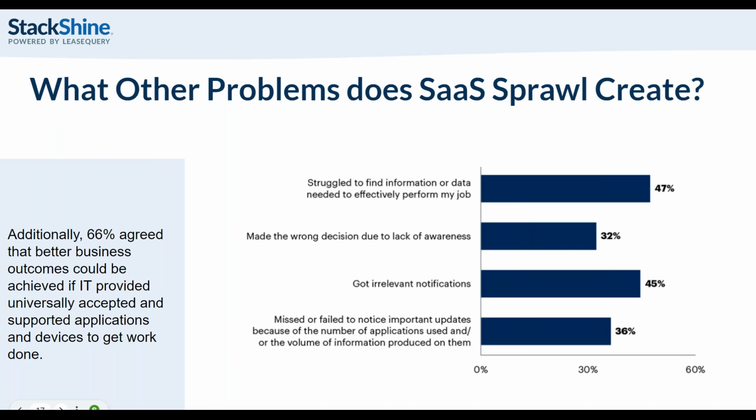So too many apps, too much information: you're getting irrelevant notifications, not making the right decisions, struggling to find information, or missing important updates. Additionally, 66% of those surveyed agreed that better business outcomes could be achieved if IT simply provided universally accepted and supported applications and devices to get the work done.